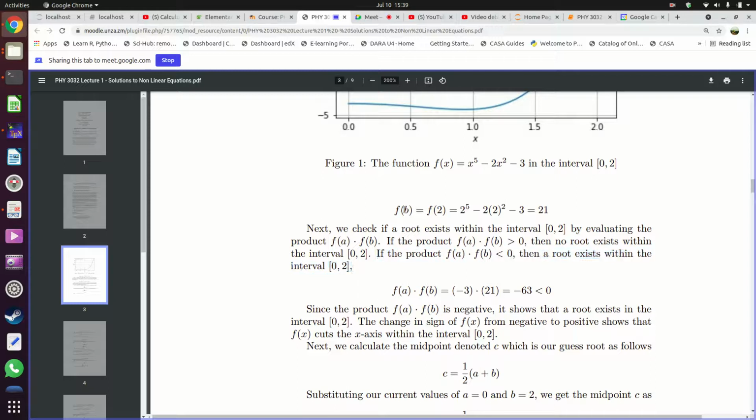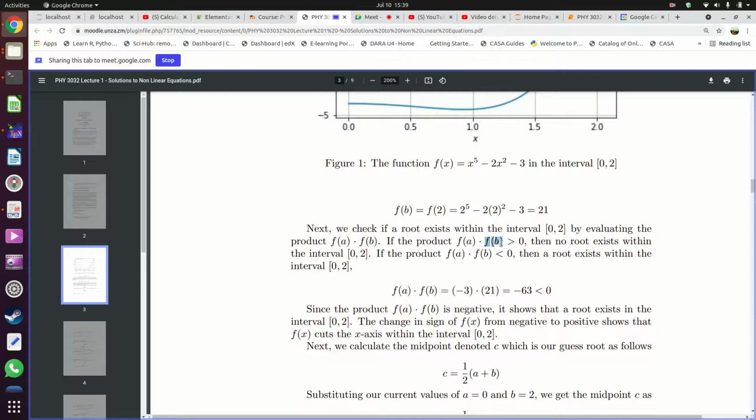So when you multiply f of A, which in this case is minus 3, by f of B, which is 21, we've got minus 3 times 21. That's going to give us a negative number, right? Yes. It's going to be a negative number.